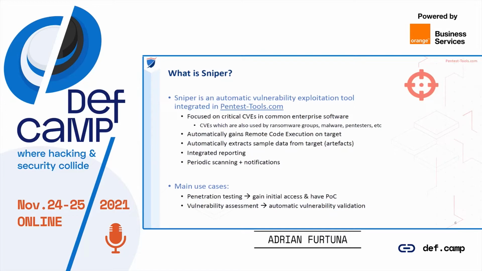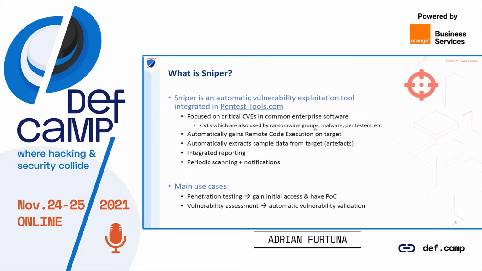And now you're wondering maybe what exploits Sniper has, or what vulnerabilities it tries to exploit. So we have decided to implement in Sniper detection and exploitation capabilities for the most critical and high-risk vulnerabilities found in common enterprise software. As I mentioned in the beginning, you probably have heard of ProxyShell, ProxyLogon, Proxy Oracle, OMIGOD, and others.